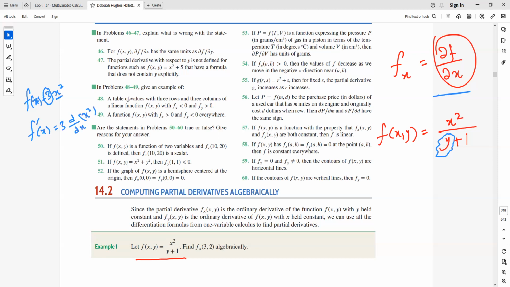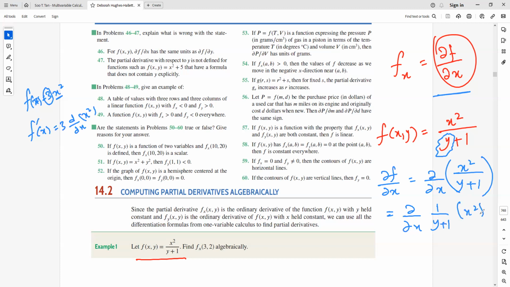Similarly, if I want to find the partial of f with respect to x, we can apply the partial operator on both sides, and split this function so that it is 1 over y plus 1 times x squared.